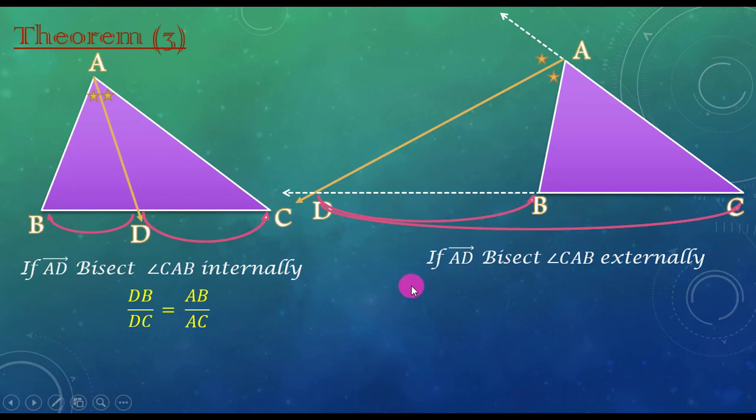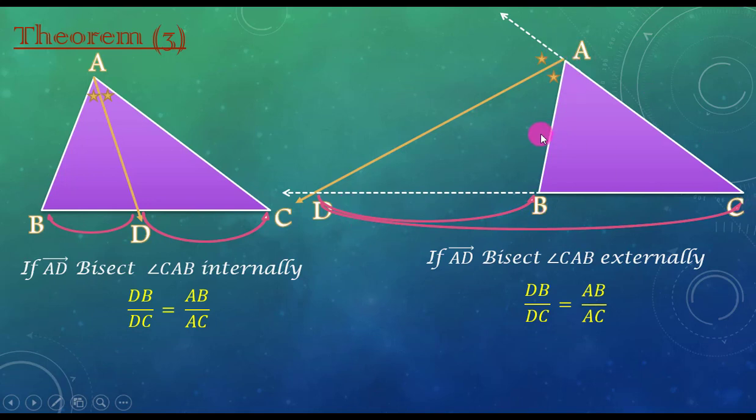The two parts DB and DC are proportional with BA and AC. Again, DB over DC equals BA over AC, so DB over DC equals AB over AC. Short with near, long with far.